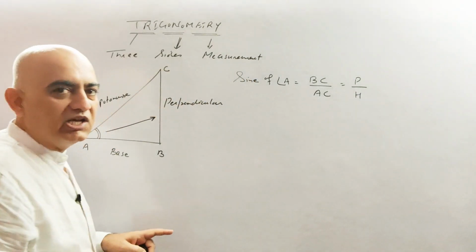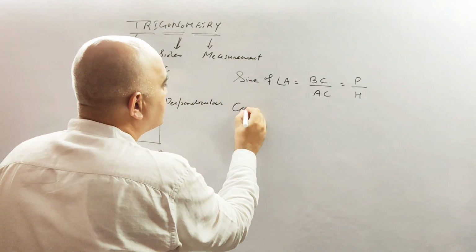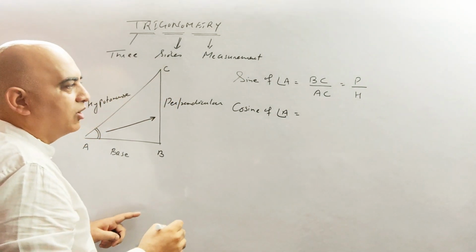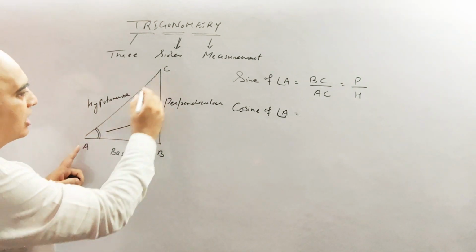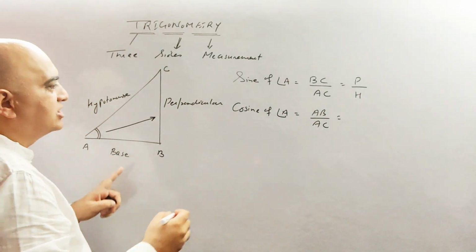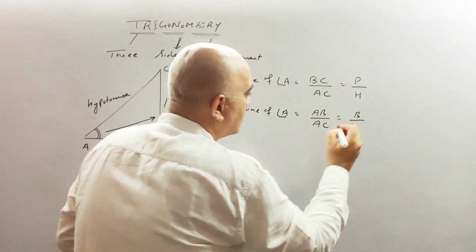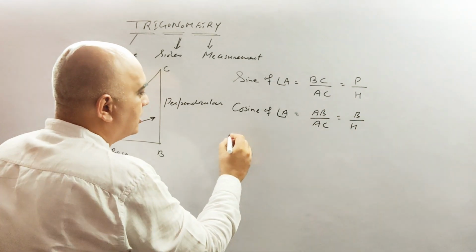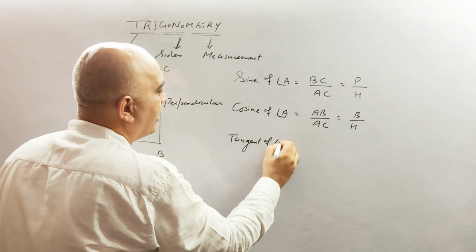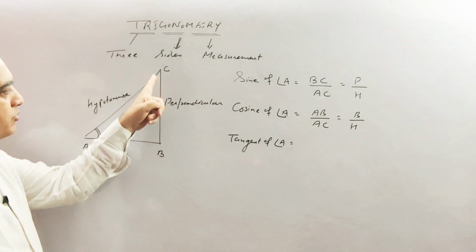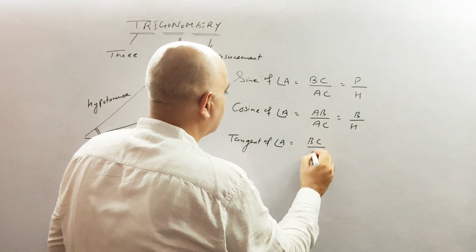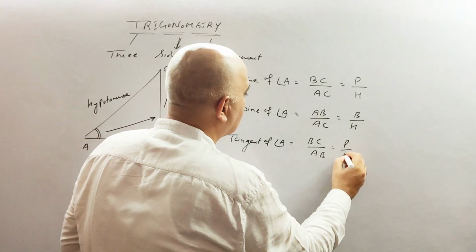In short, we can take P upon H. Cosine of A is AB upon AC, that is base upon hypotenuse. In a similar way, tangent of angle A is perpendicular upon base, that is BC upon AB.